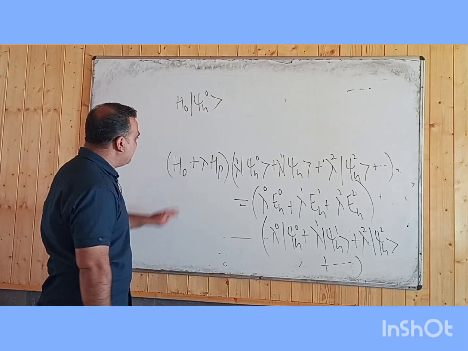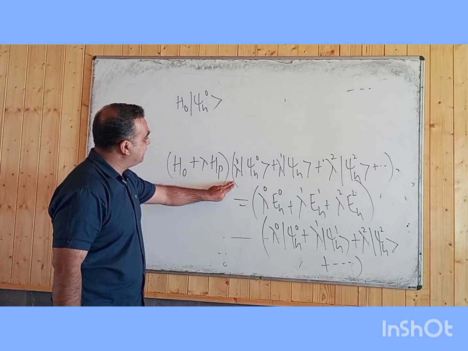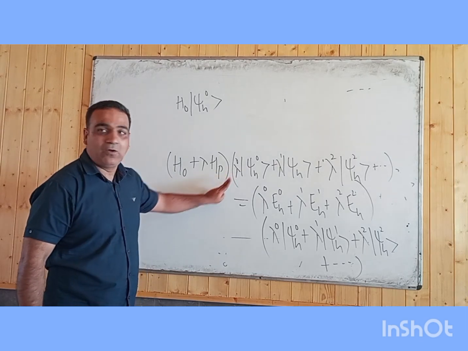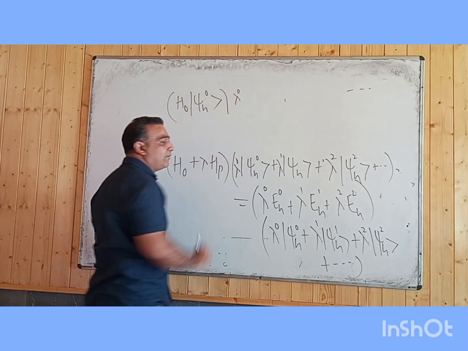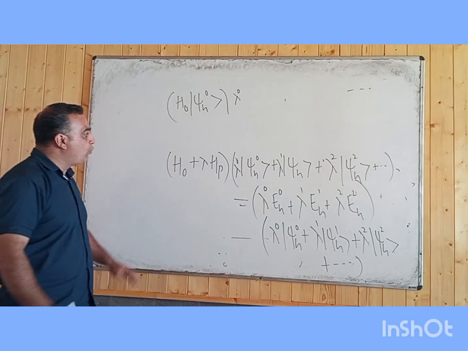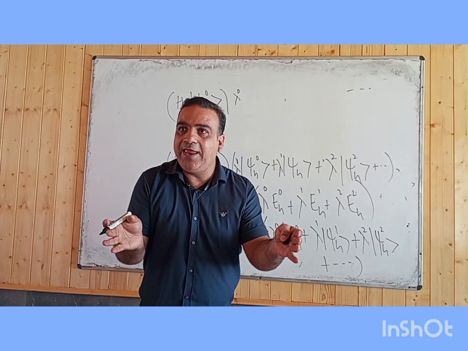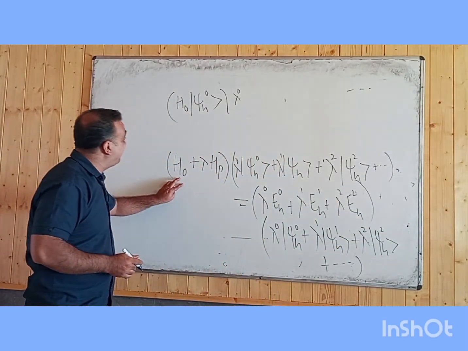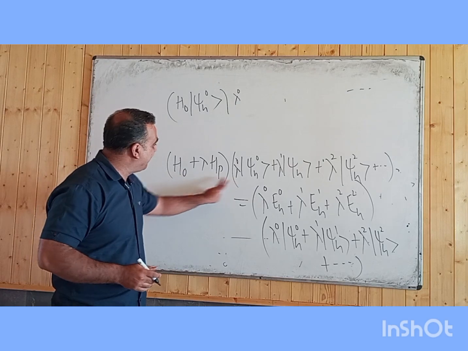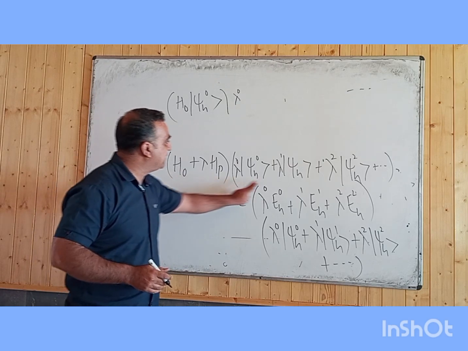Yes, sir. Okay, so this is lambda to the power 0. This will be the only term, so I would like to write it as lambda raised power 0. Now look for lambdas. Then try to look for lambda squares. So now let's look for the lambda. I think this will give me lambda.